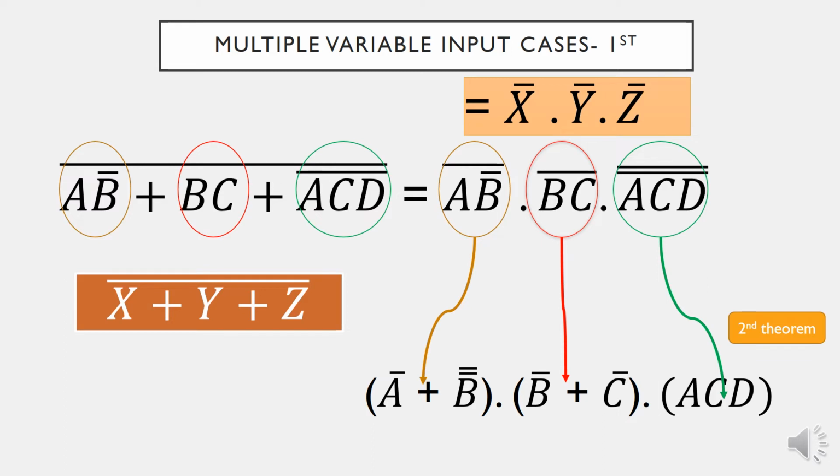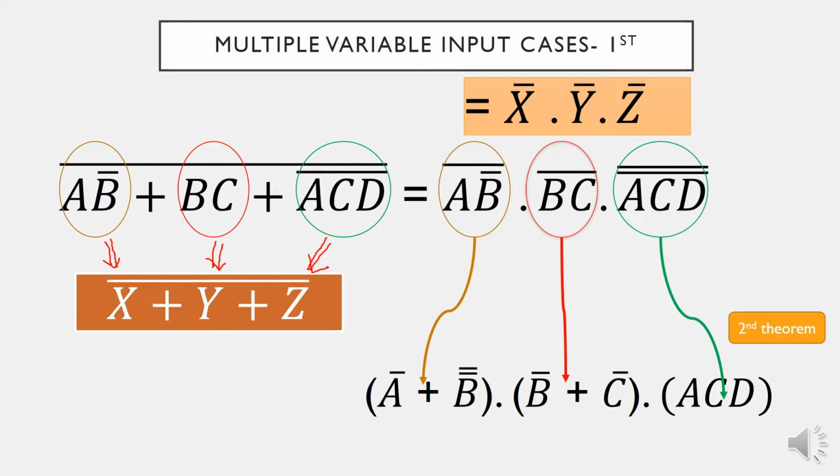If we want to use a simple approach, we can assume each of the terms as a single variable. For example, AB complement is equal to X, BC is equal to Y, and then ACD is equal to Z. So our initial Boolean expression will become like this.